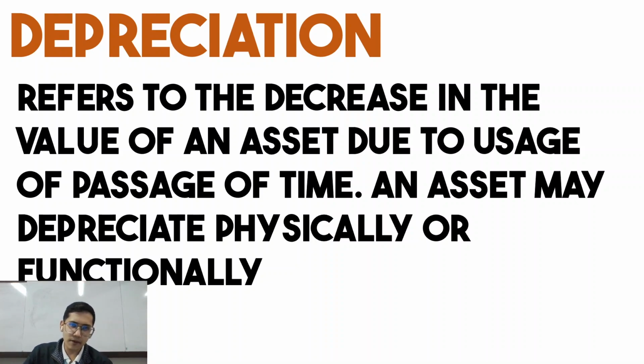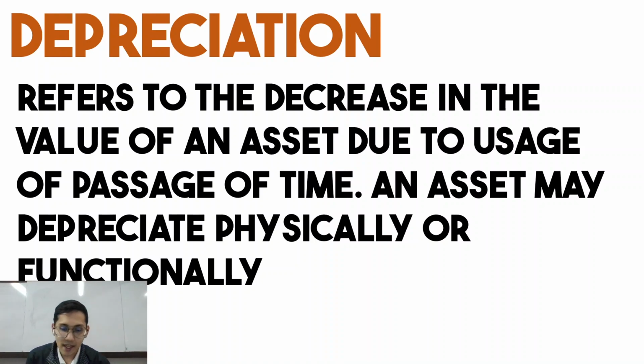Tingin nyo, after 5 years, mabibenta mo pa rin ba siya ng 90,000? Hindi. Kasi yung price ng iPhone mo, it depreciates dahil, number one, nag-iiba ng system or pwede siyang magkaroon ng damages physically or also functionality. Sabihin na functionally, pwedeng bumagal siya or bumaba yung capacity ng battery natin.